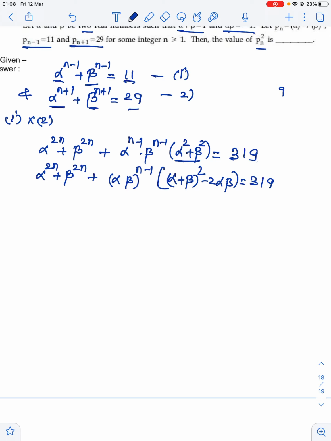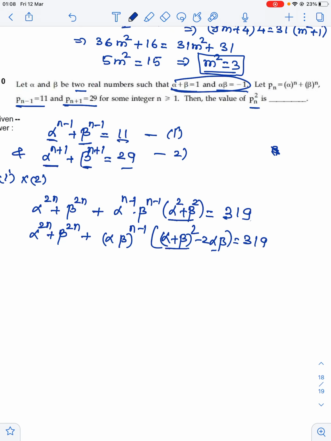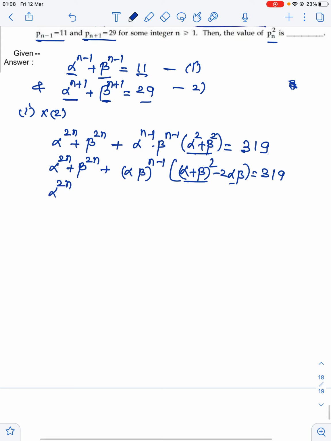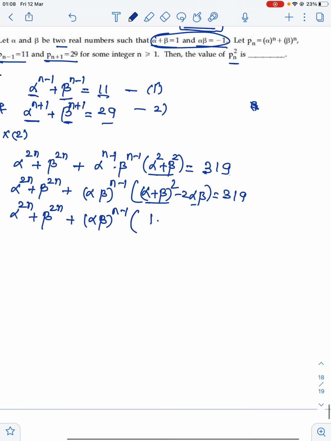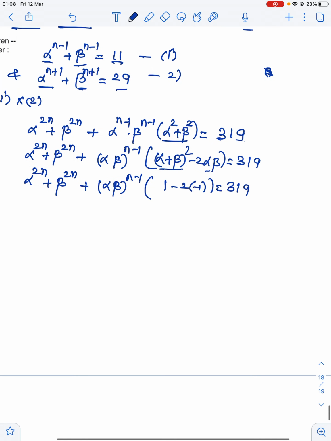Now we can have alpha to the power 2n plus beta to the power 2n plus alpha beta to the power n minus 1 times alpha square plus beta square. So alpha plus beta is 1, so this is 1 minus 2 into minus 1, that is 3.